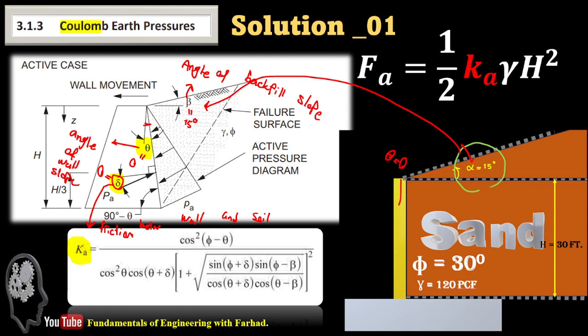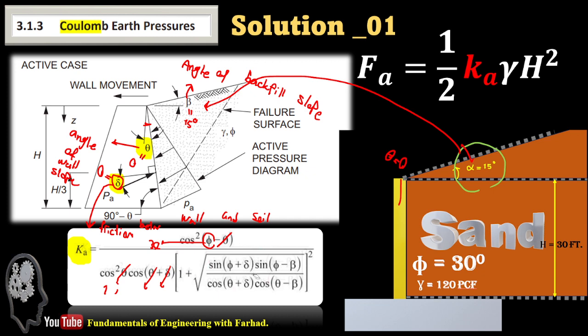As soon as you have all of them, theta goes to 0, phi is provided to be 30, delta is 0, theta is 0, and cosine of theta is 1, so there's nothing wrong with that.